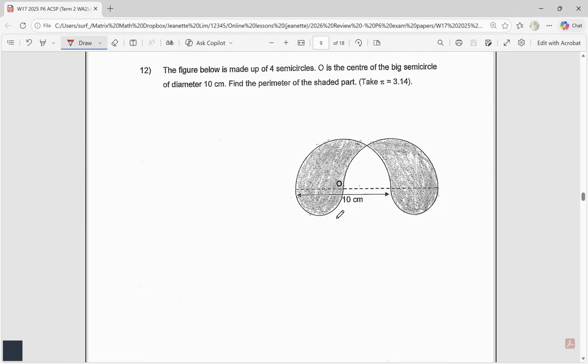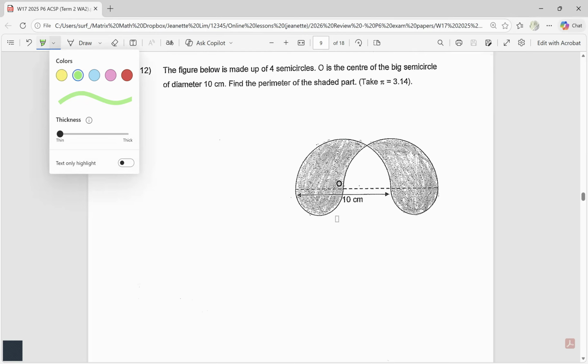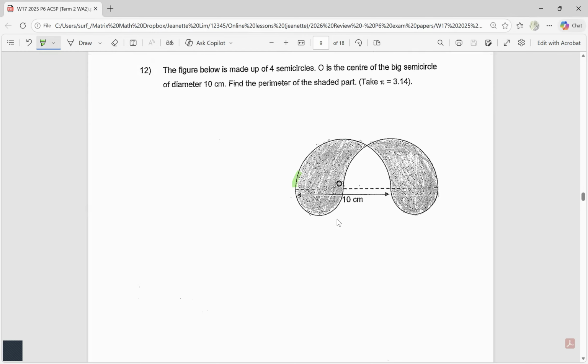So what can we find with the 10 cm? 10 cm is the diameter of the semicircle. So this is the arc that I can find. Okay, then we have two of that. Two semicircles.